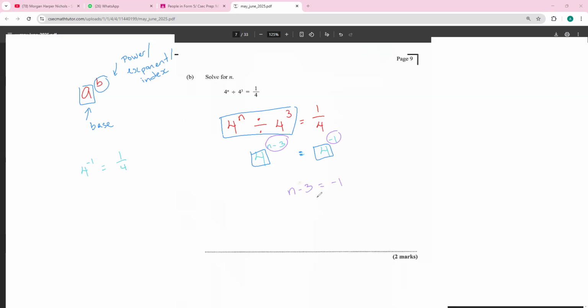And then we could just simply solve for n the normal way. So we carry across. Once across, we do the opposite operation. So it becomes plus 3. 3 minus 1 would be positive 2. So I got n as positive 2.